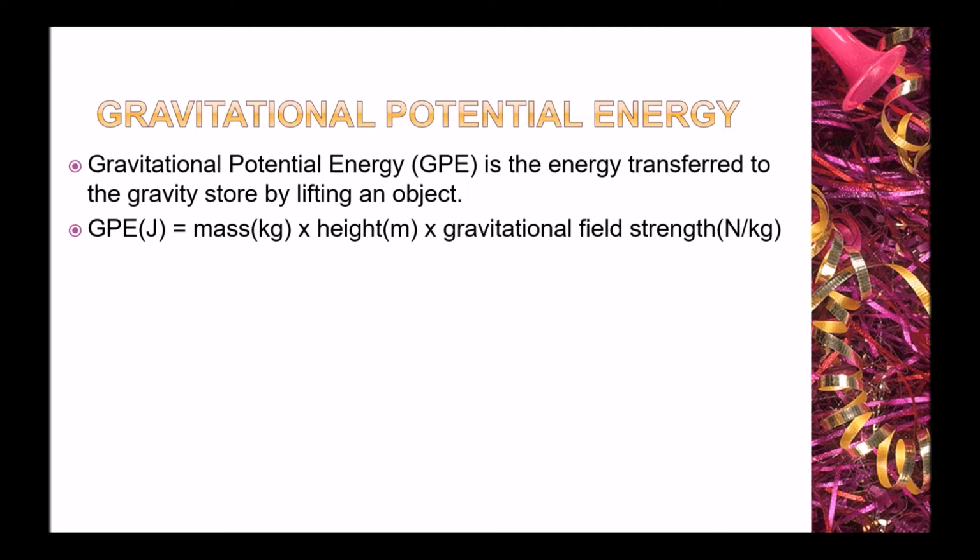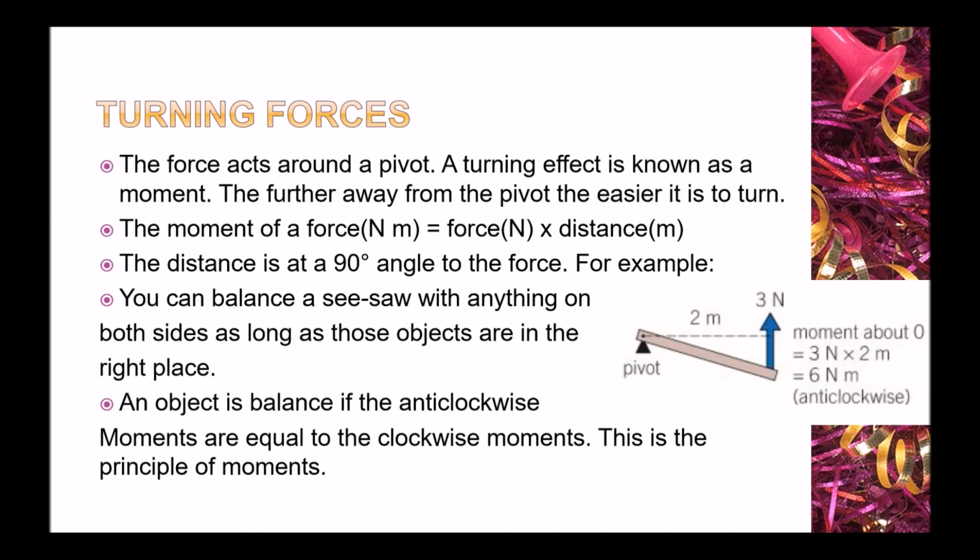or gravitational field strength. So in turning forces, the force acts around a pivot, and so a turning effect is known as a moment. And the further away something is from the pivot, the easier it is to turn.